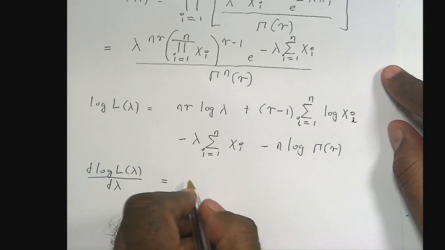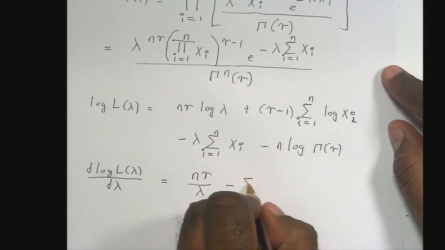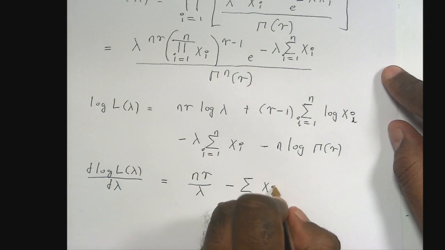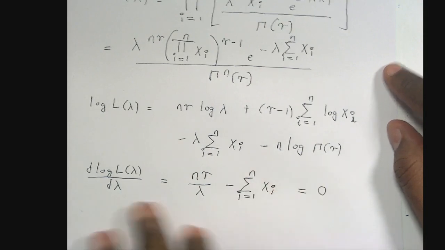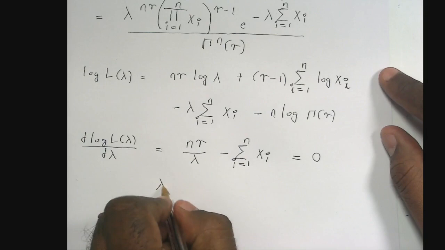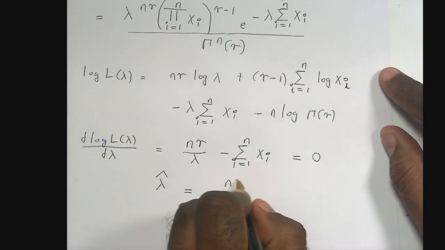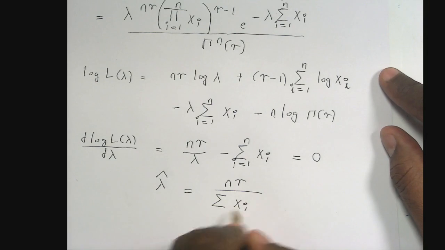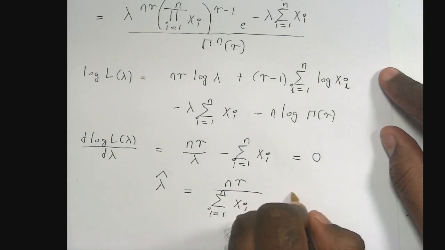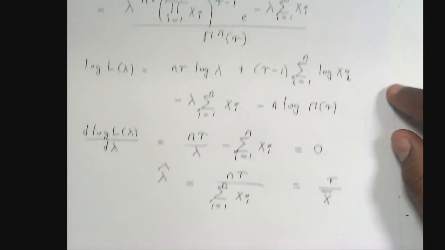The derivative of this is this. Set it to 0 and solve for lambda. You get lambda hat equal to nr divided by the sum of xi, which is the same as r divided by the sample mean.